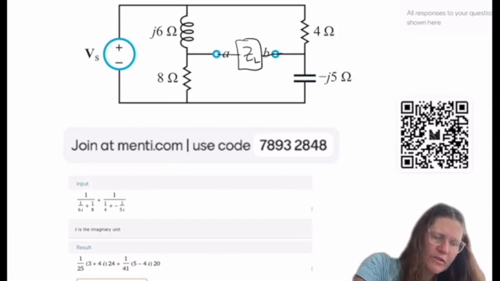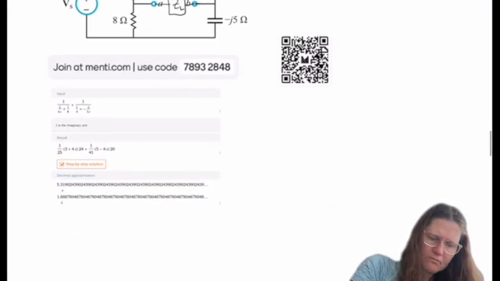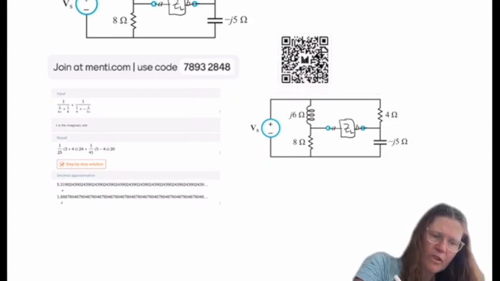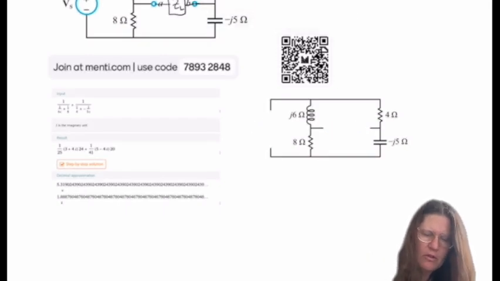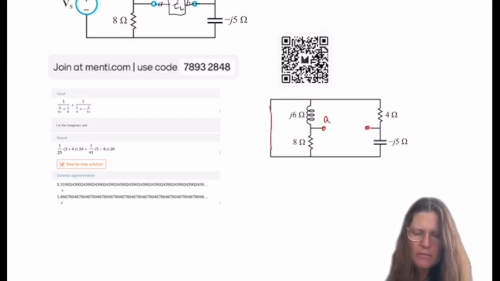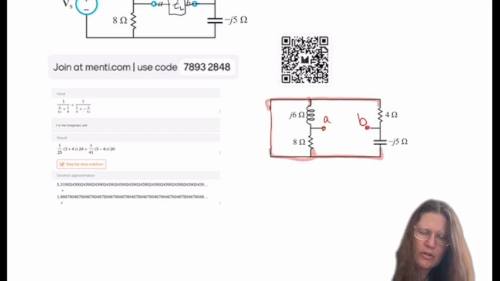Alright, hopefully you can see from this that to find ZL, you're going to remove the load, and from there do A to B. Note that these are all the same node, but this splits here, and then it splits on this side.